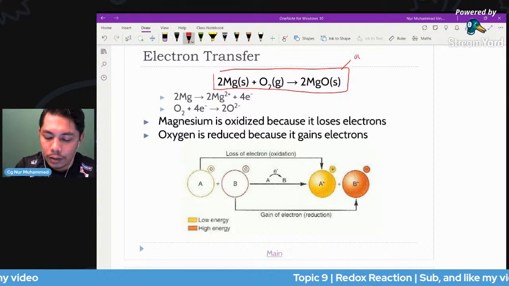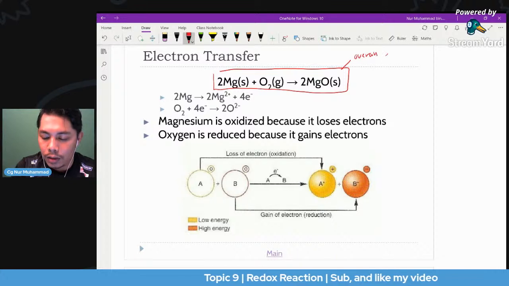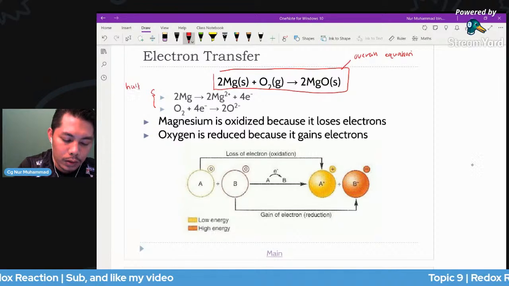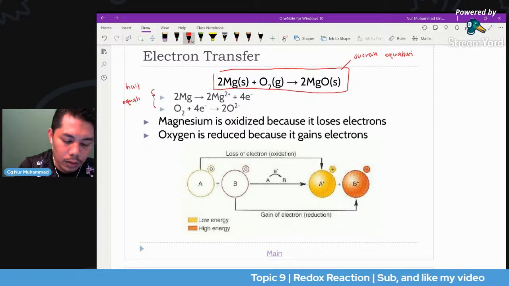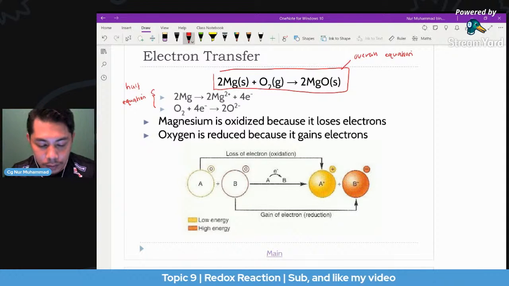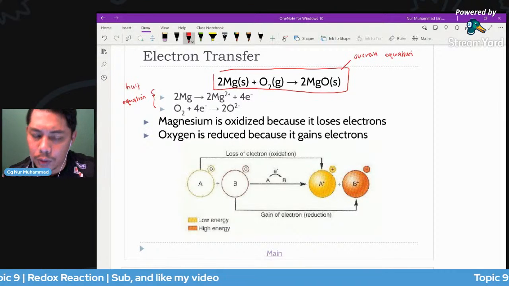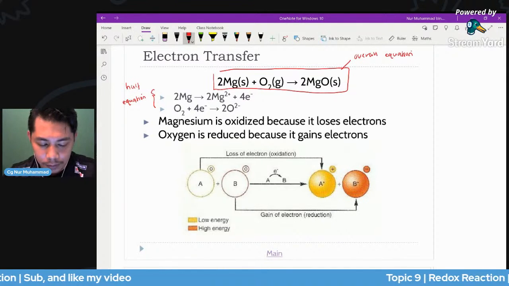Okay, this is called overall equation. Yang bawah ni adalah kita panggil sebagai half equation. Half equation. Okay, half equation. So bila half equation, dia mesti akan pecah. Satu anode, mesti satu lagi cathode.